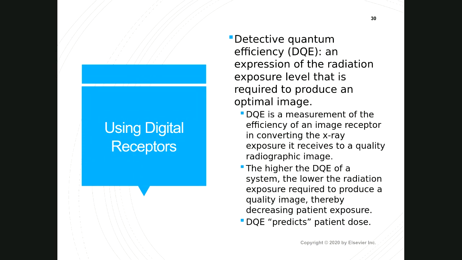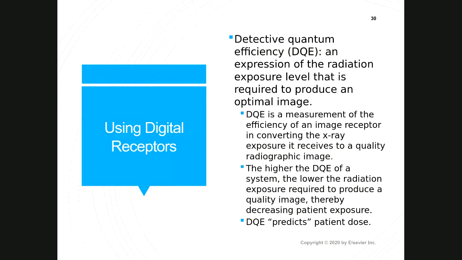I think I had said to you, how well does it take the subject contrast and convert it into radiographic contrast? So the higher the DQE, you need less radiation exposure in order to produce an optimal image, and that would give you less patient exposure.